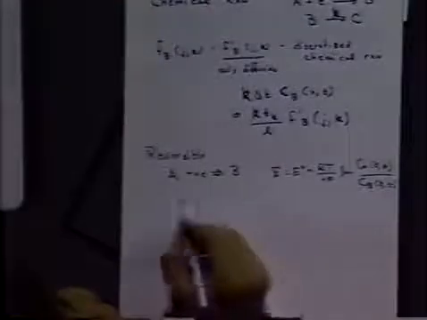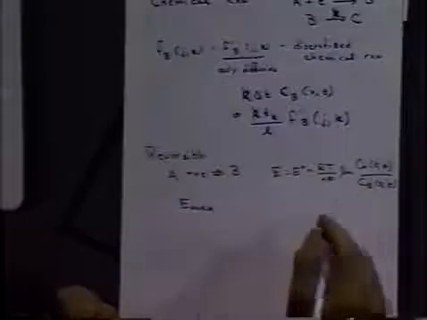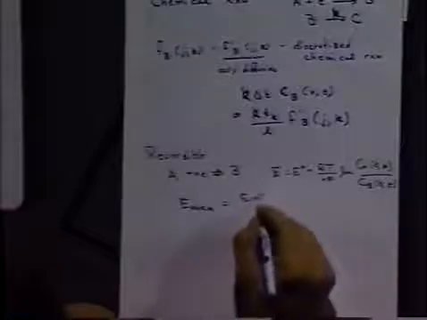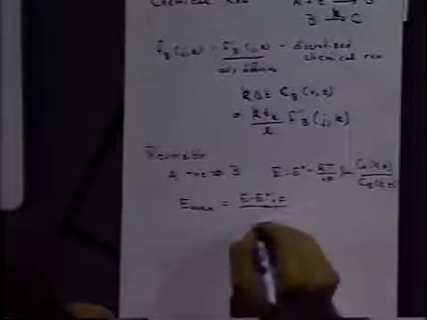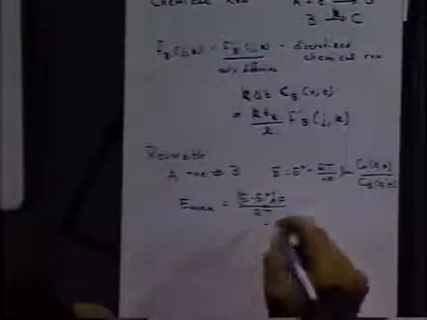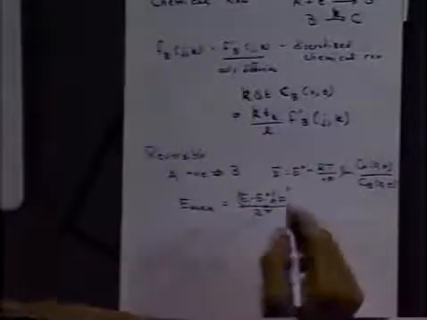Or in a discrete form, we would write E norm, which is our dimensionless potential. You see, multiplying the potential times NF over RT is removing any voltage out of it, so that's volts times reciprocal volts.